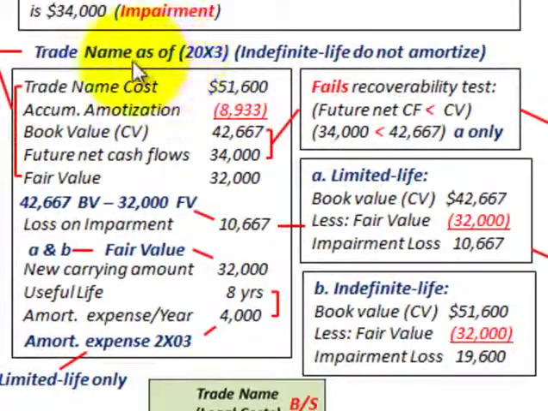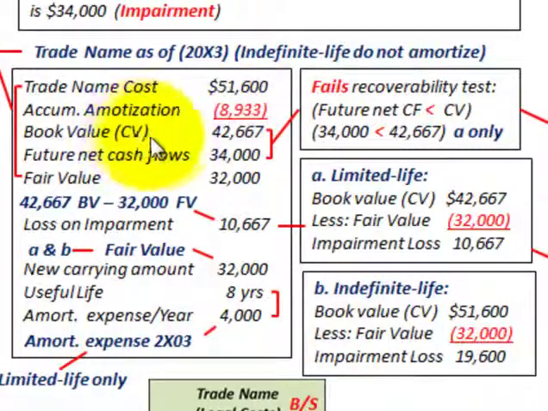In this case, this intangible asset is a trade name. When we're looking at an indefinite life, you have to remember you do not amortize any indefinite life intangibles. So we're going to be looking first at our limited life case, where the trade name cost, let's just say, was $51,600, and we have accumulated amortization on it for the limited life of this trade name of $8,933.